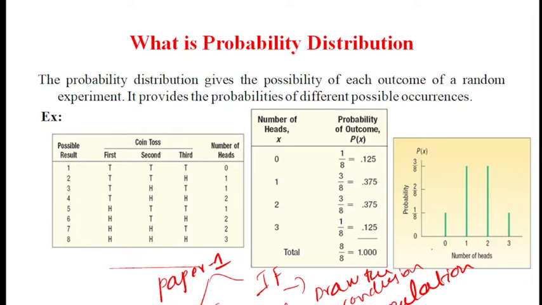What are the examples of descriptive statistics and inferential statistics? As I told you, descriptive statistics deals with specified values.